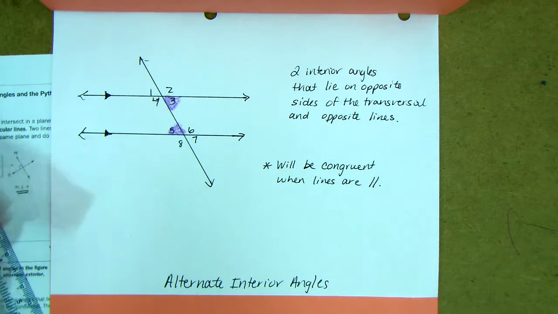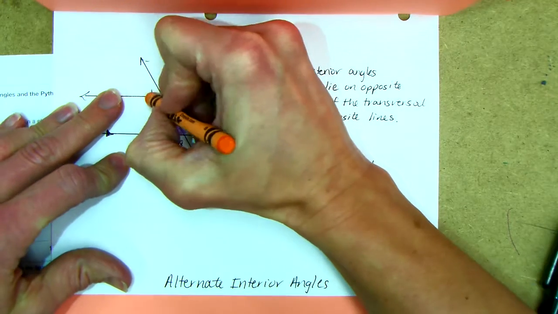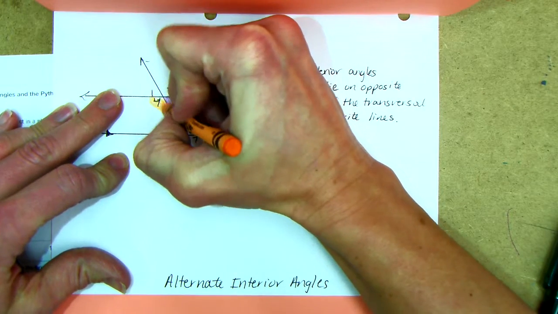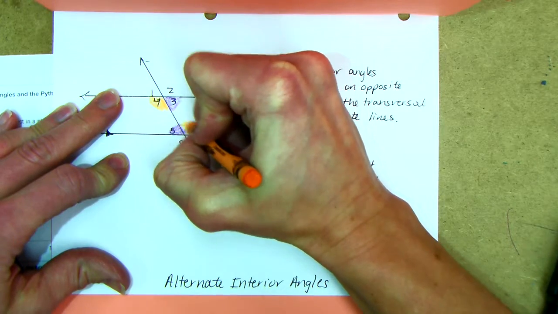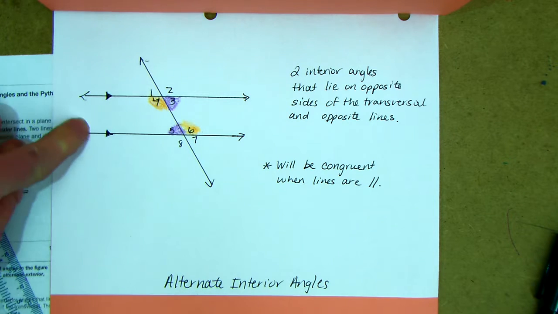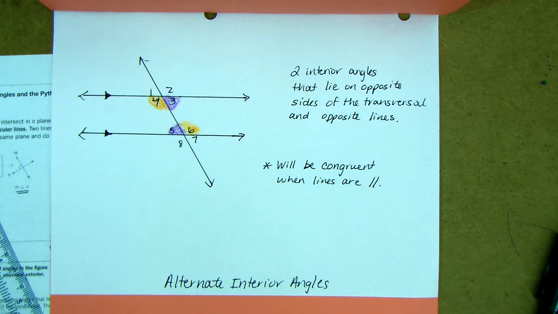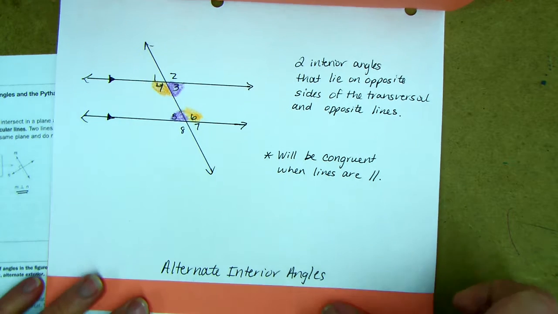So not only is 3 and 5 a pair, but so are 4 and 6. They are alternate interior, and they are going to be congruent because these two lines are parallel. All right.